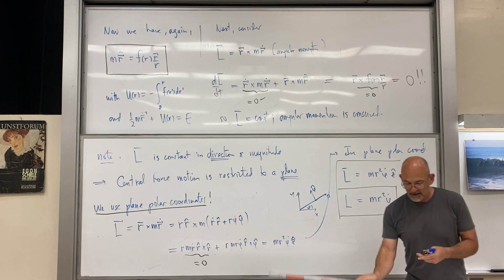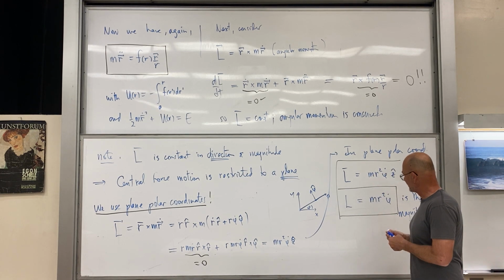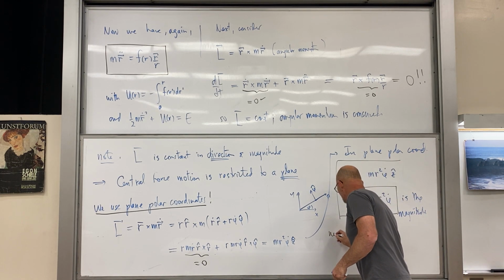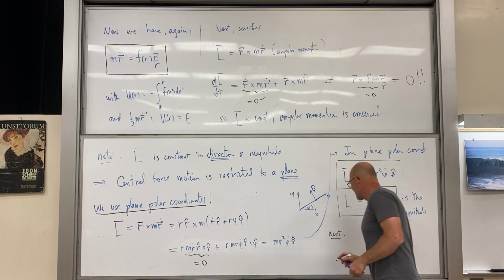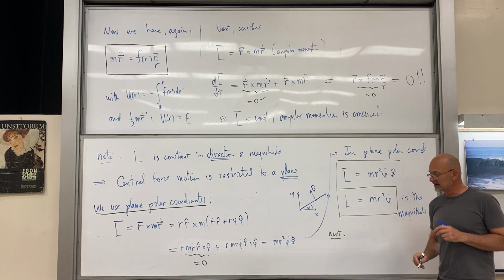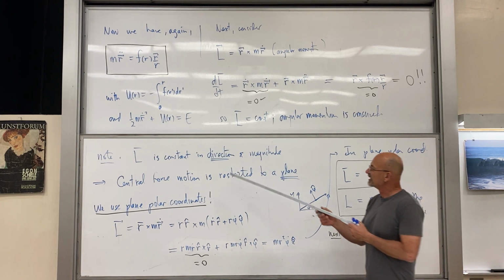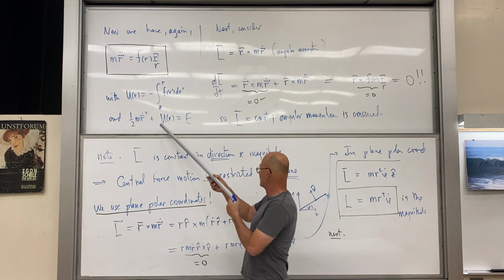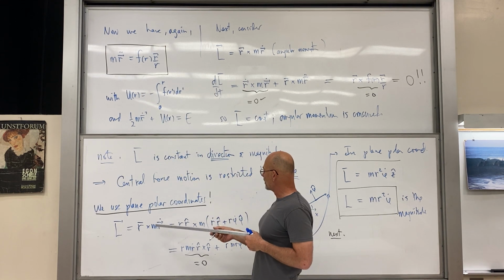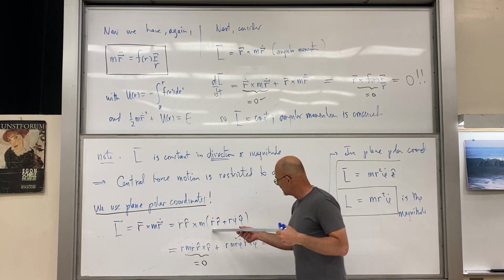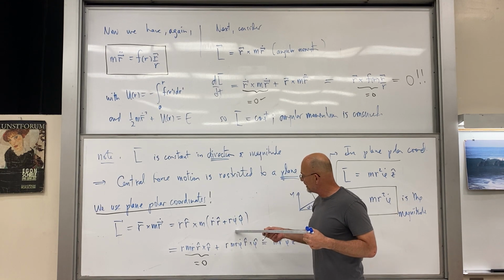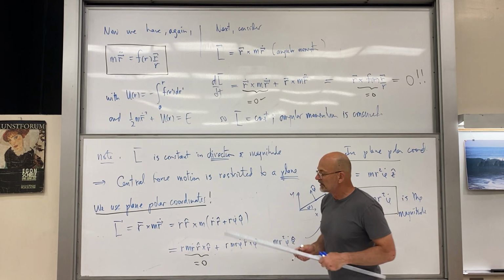Here's what I'll do, I'll write what we're going to do next. Next, we have to express the energy in terms of plane polar coordinates. Where's the energy? The energy is right here. The R dot is right here. Okay.